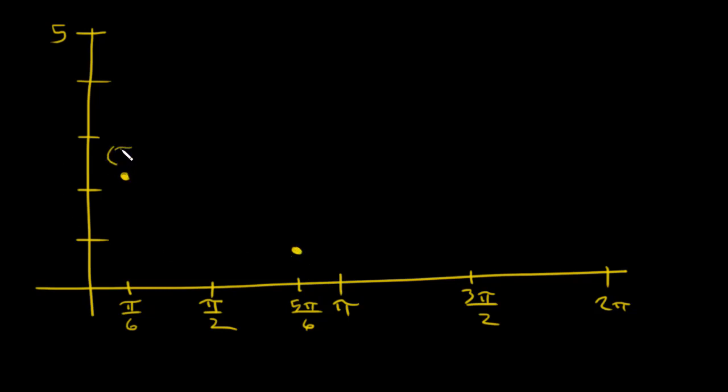This is pi over 6, and the value was around 2.2, and this is 5 pi over 6 and about 0.8, something like that. It doesn't have to be perfect, which my pi symbol is definitely not. Those are the two critical numbers.